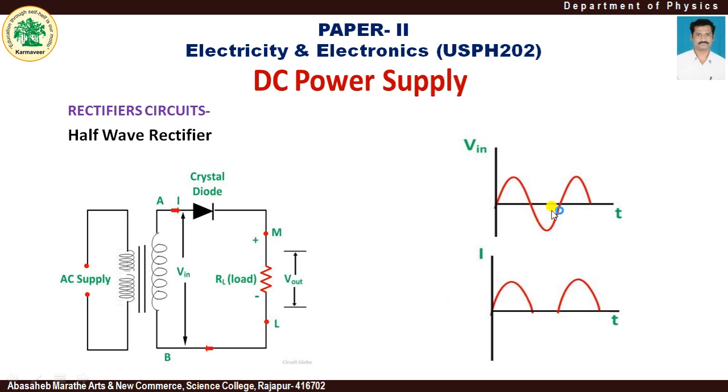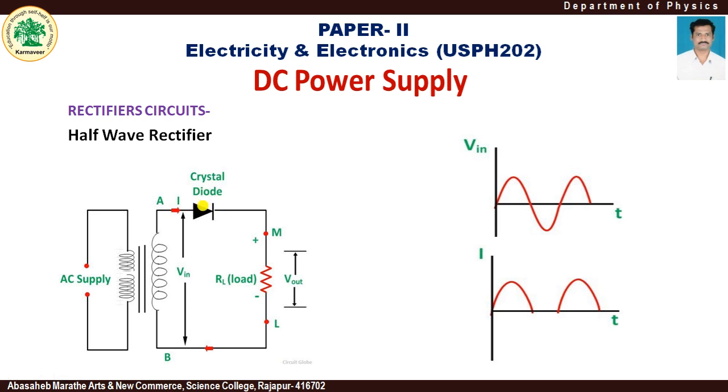Now, during the negative half cycle, point A becomes negative, whereas point B becomes positive. When point A becomes negative, the anode of the diode gets the negative voltage, so the diode is in the reverse bias condition.